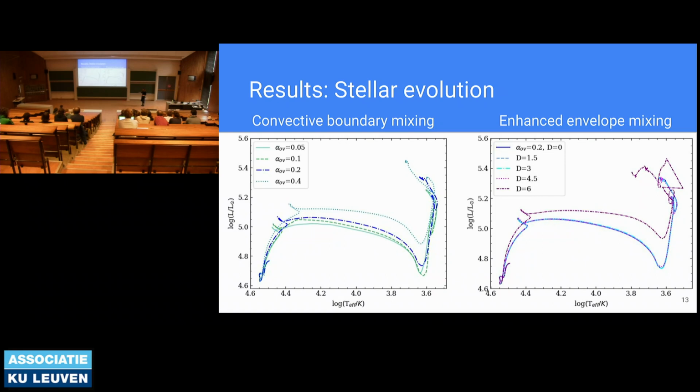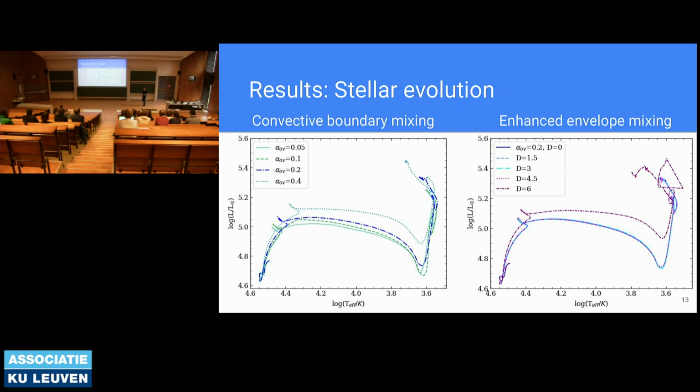And then here the blue line is the same as over here, and here we vary the envelope mixing, and you can see that for the first 4 values, the star doesn't really change that much. This is because the envelope mixing is a diffusive process. Diffusive processes need time.